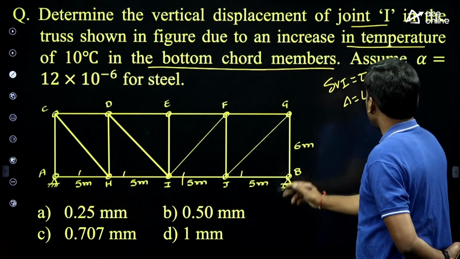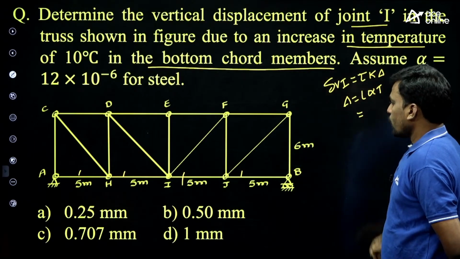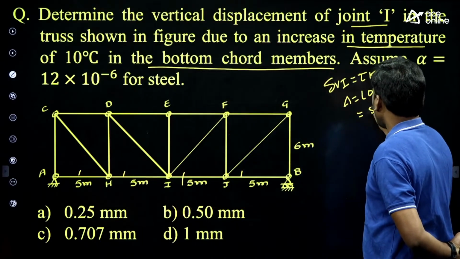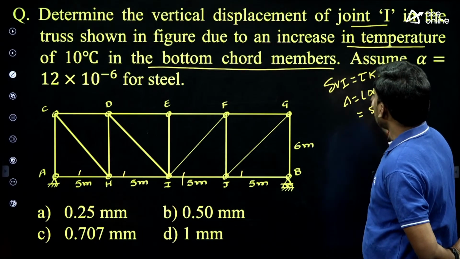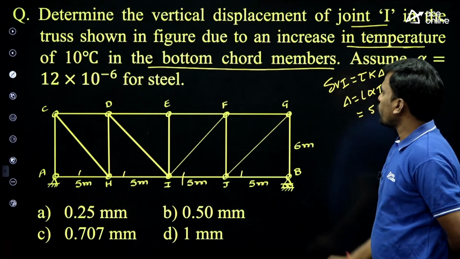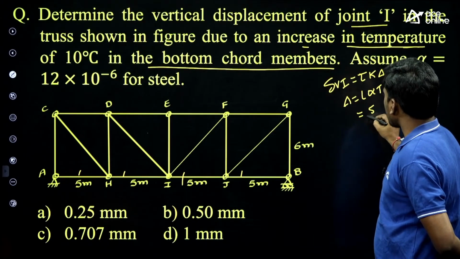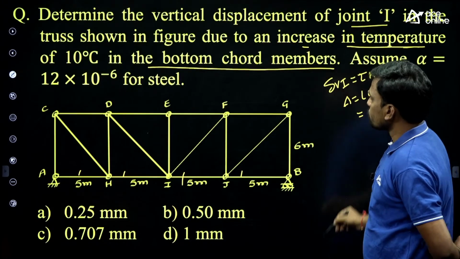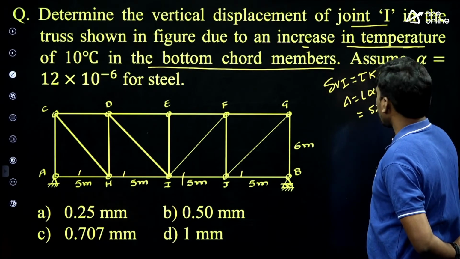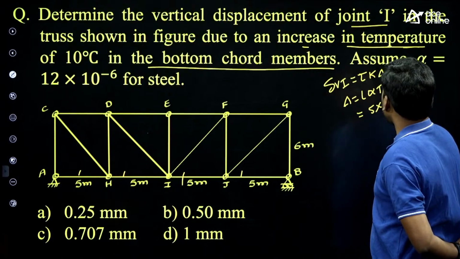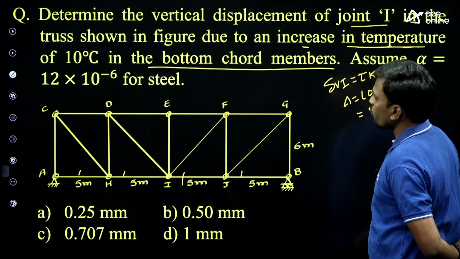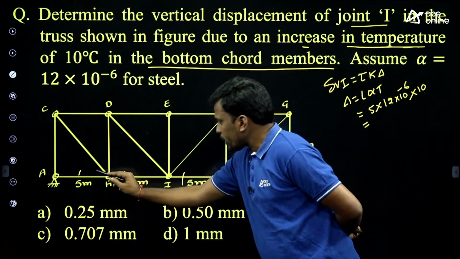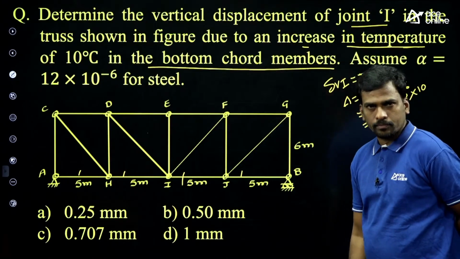Okay, but here length of these bottom horizontal members are same, 5, and is the temperature rise or fall? Temperature rise. For temperature rise, then delta is positive, right? Okay, then what is the alpha value given? Alpha value is given 12 into 10 to the power of minus 6, and what is the changing temperature given? 10. Now this is the delta value only in bottom horizontal members.